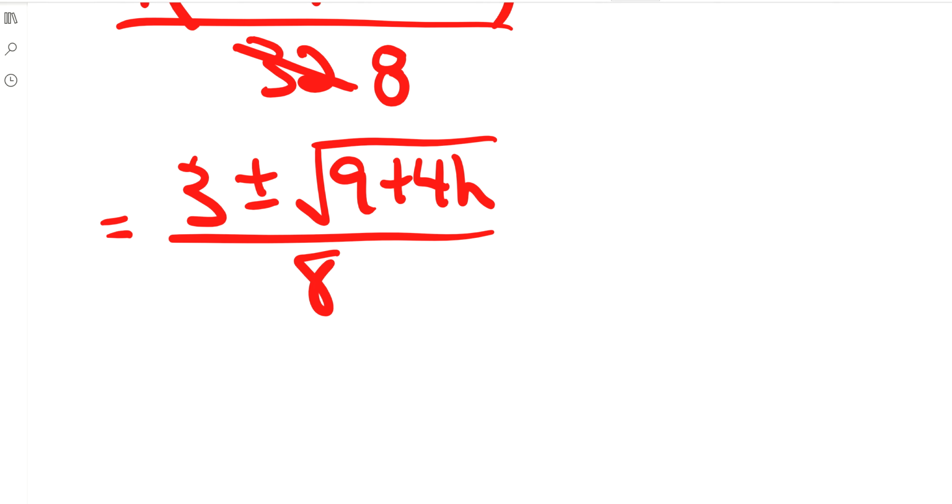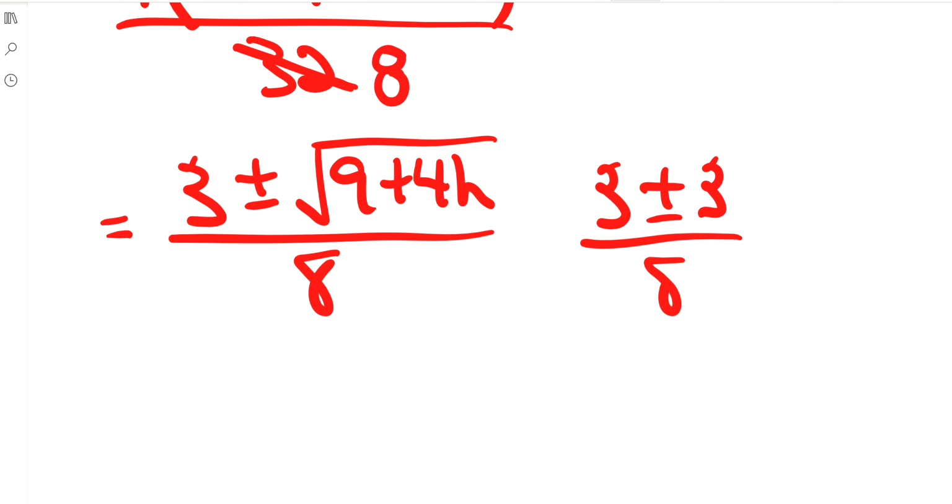If I plug in 0 for h, I end up with 3 plus or minus the square root of 9, which is 3, over 8. So I'm going to have my 2 answers here. 3 plus 3 is 6 over 8, which is 3/4 of a second, and 3 minus 3 is 0 over 8.